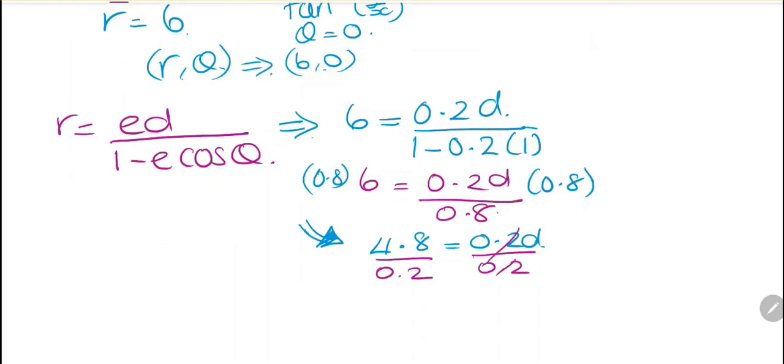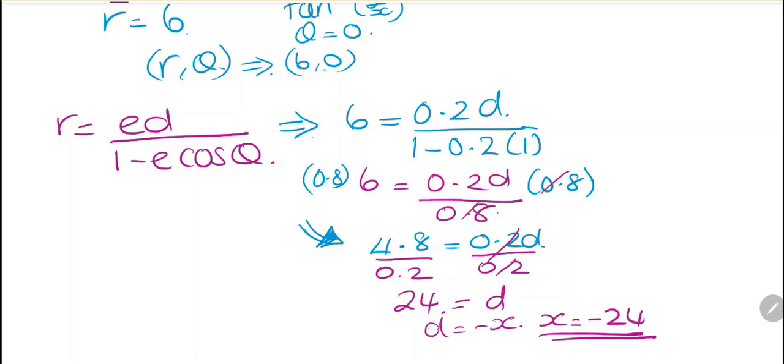So they cancel, and d is going to be equal to 24. Because it's x, it means that it'll be minus x. So x is going to be minus 24.